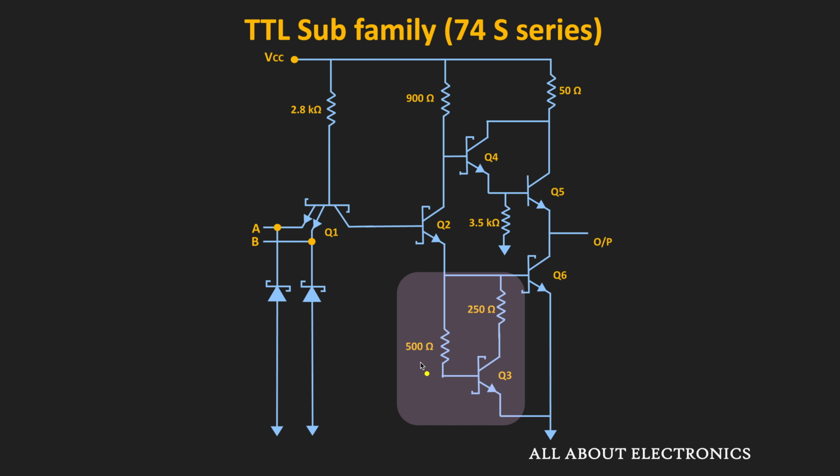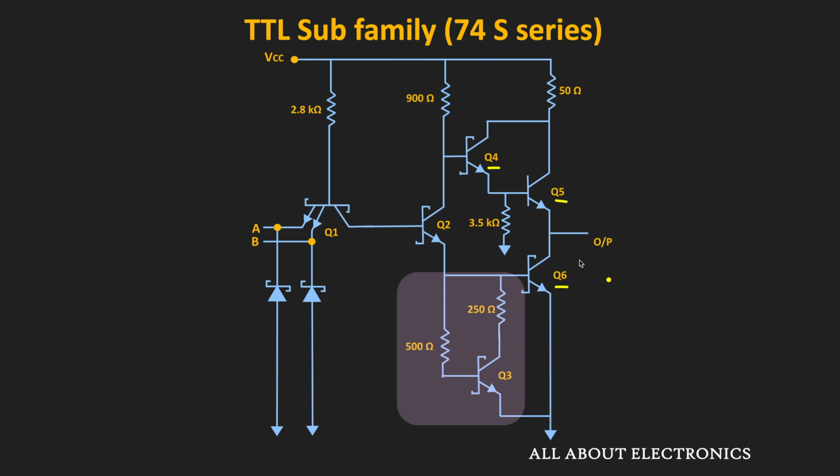So let us understand how this active element in the pull down network helps in increasing the speed of the logic gate. So in this logic gate, during the low to high transition, this Q4 and Q5 will be in the on condition, and at that time this Q6 will go into off state.